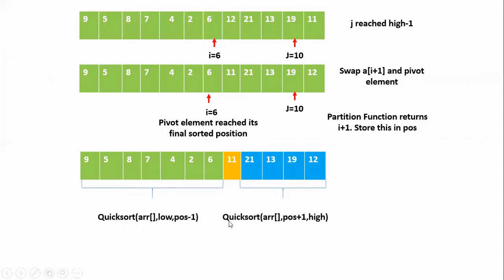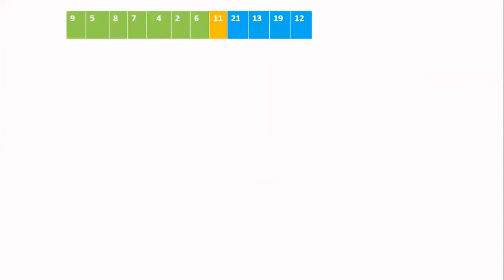So now we have divided the array into 2 subarrays. In the next step, we are going to take those 2 subarrays and perform the same process again recursively.